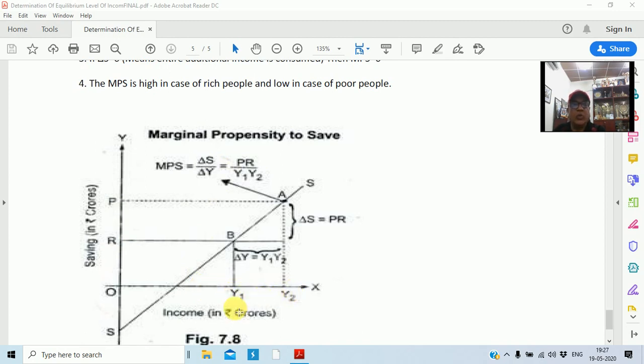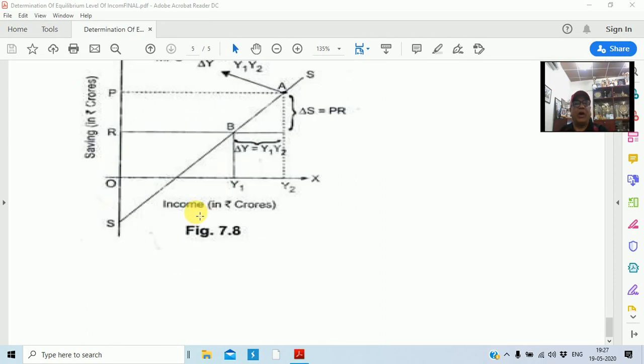How much? Y1, Y2. So when in the saving function we move from point B to A, at point A the MPS is equal to delta S by delta Y. This delta S equals PR, and this delta Y equals Y1, Y2. This is how we can show MPS with the help of a diagram.